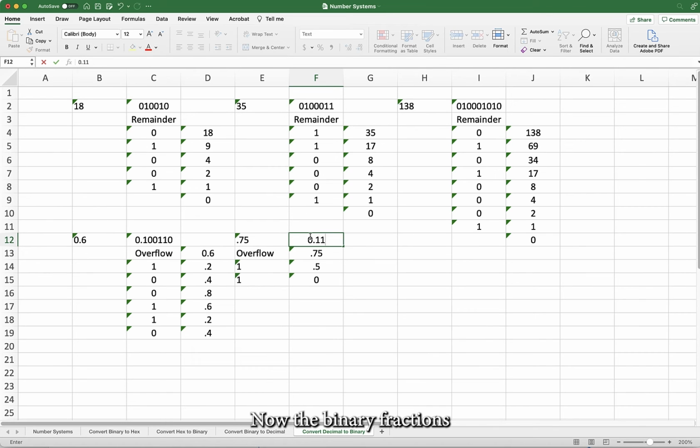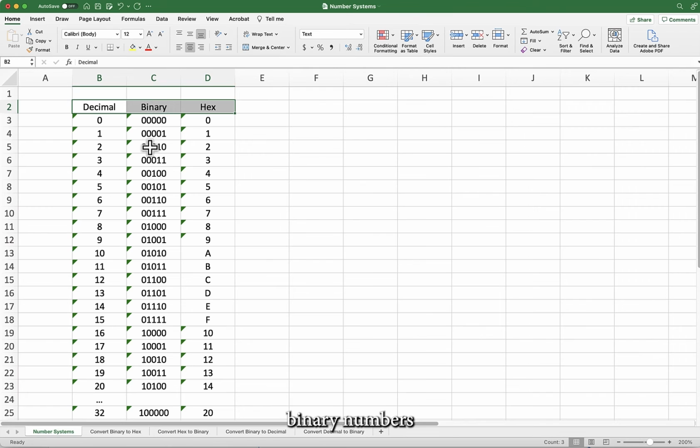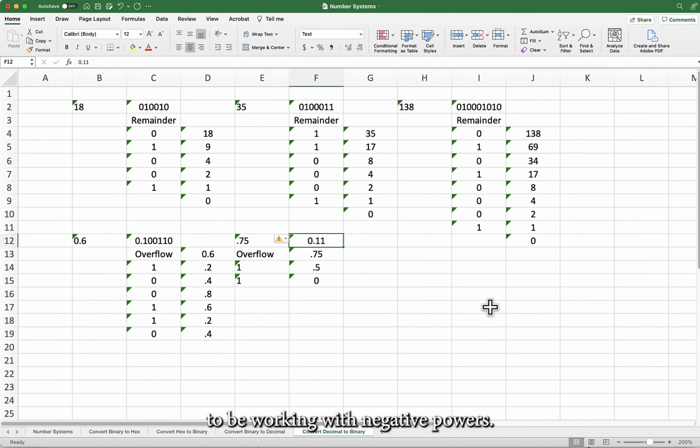Now, the binary fractions are similar to the way that we do the binary numbers, excepting that we're going to be working with negative powers.